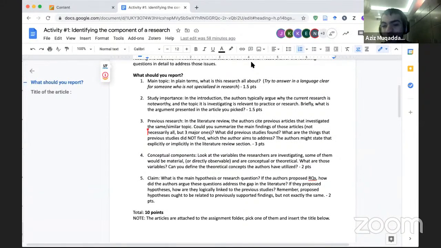You don't have to conduct your own research, just from the articles you're reading, what citations or what findings they have cited. So whether it's about smartphone addiction, whether it's about violent video games, whatever topic the article is talking about, what previous articles have they cited as the major findings that have informed their own research? And based on that, what was missing?